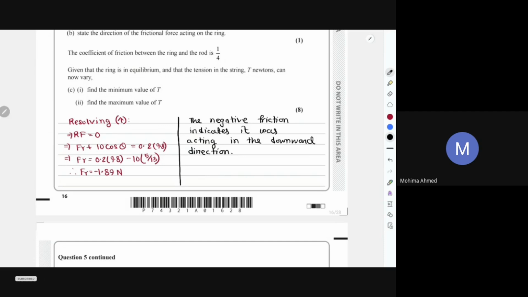So just writing this much is enough. You don't need to cancel all your working. That means the magnitude is still that 1.89 Newton in the downward direction.